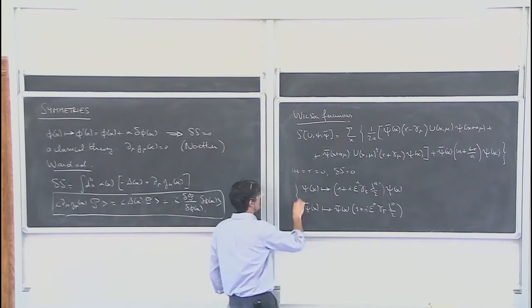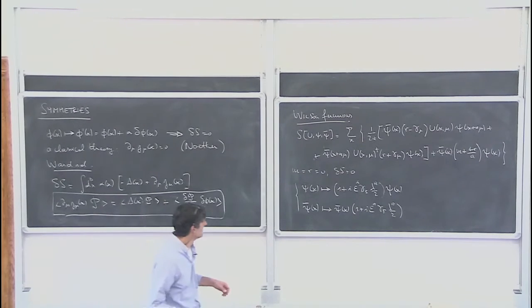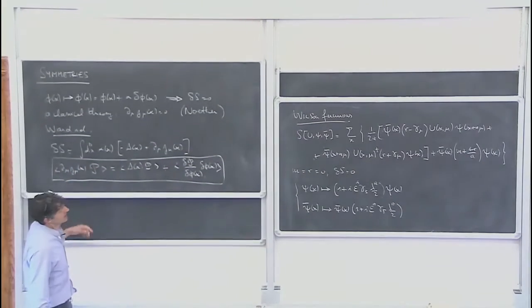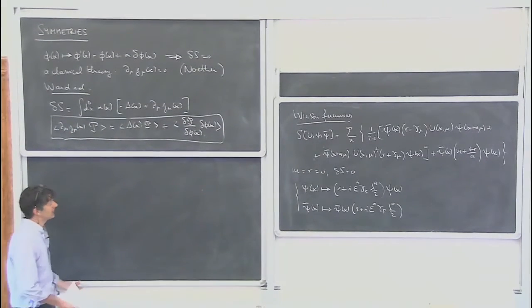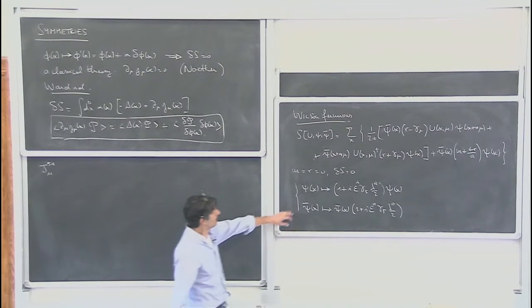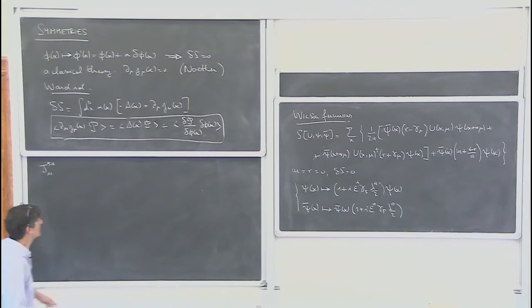Okay. And then there is another current associated to this transformation, which again you can compute. So I'm going to call this J5 mu A. There is an index A, okay, because these are flavor non-singlet transformations.